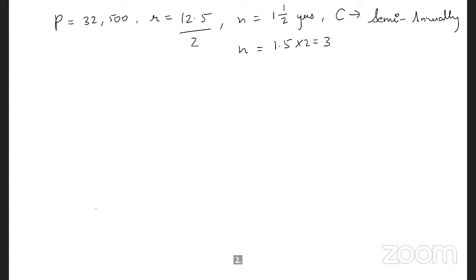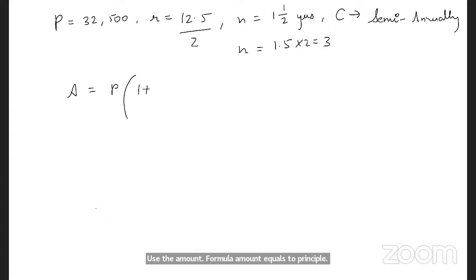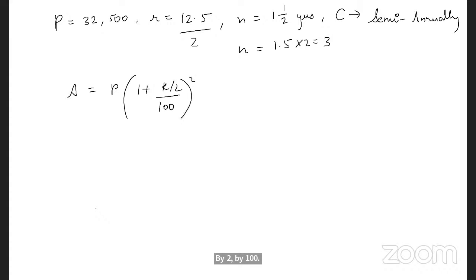All right, now we have the principal, rate, N and time. So we will first find out, use the amount formula. Amount is equal to principal times 1 plus R by 2 by 100, raised to the power 2n.